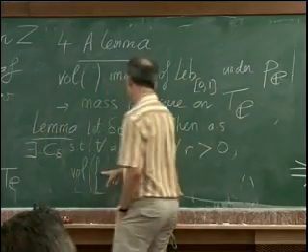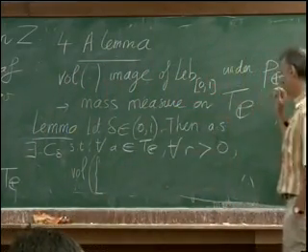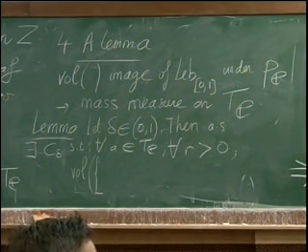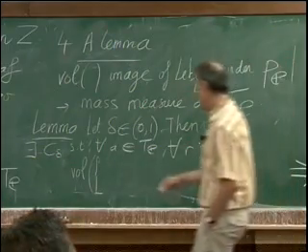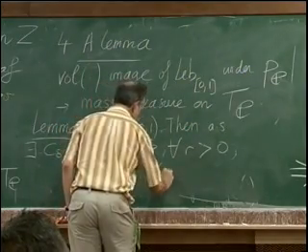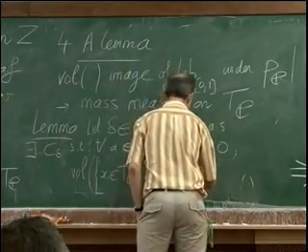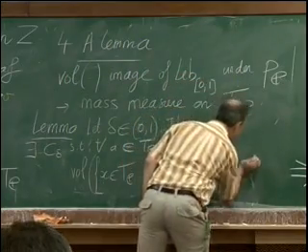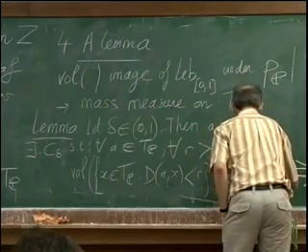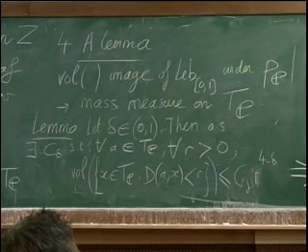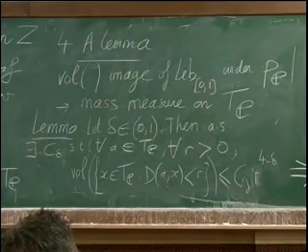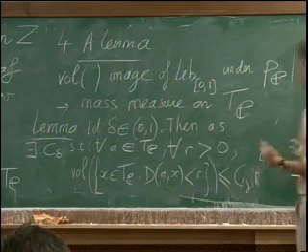I'm going to look at the volume of a ball in the CRT, but not a ball for the distance on the CRT, but for the distance capital D. So it's really a ball in the Brownian map, if you should think of it this way. I'm going to look at the volume of all x in the CRT such that the distance capital D from A to x is less than R, and I can bound this by C delta R to the power 4 minus delta. Of course, exponent 4 here is very important.